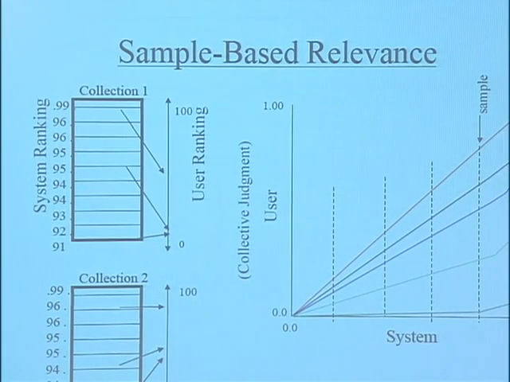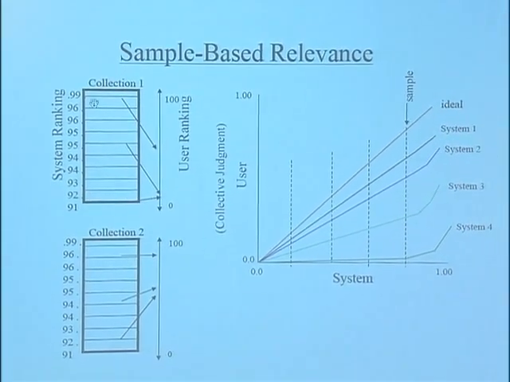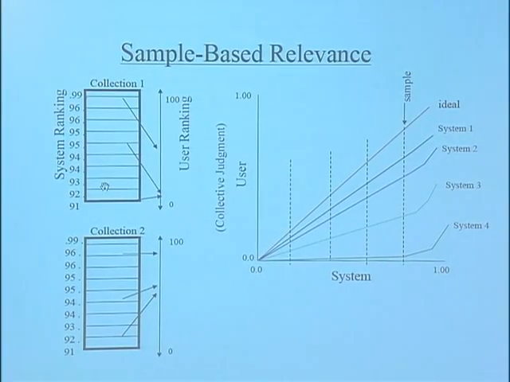So a good way to think of this is if we have system rankings for multiple collections or multiple engines, again, the model is isomorphic between those two tasks, we get a set of scores that come out of these different things. And we can take those things and map them onto our own judgments.